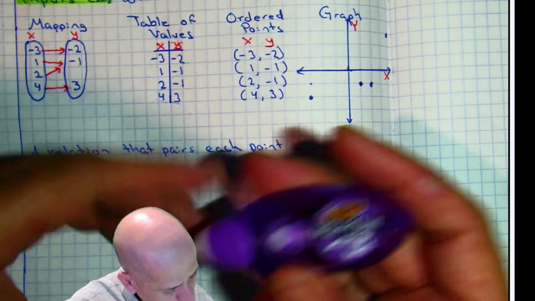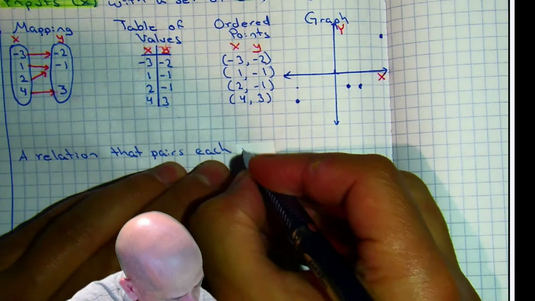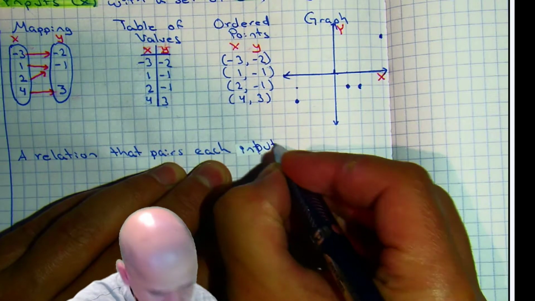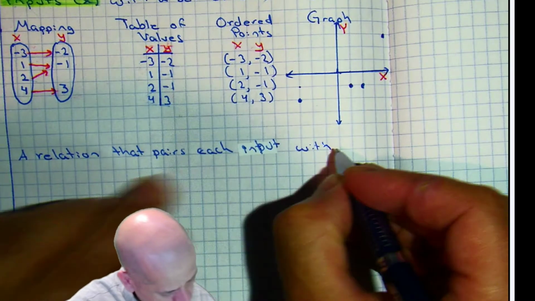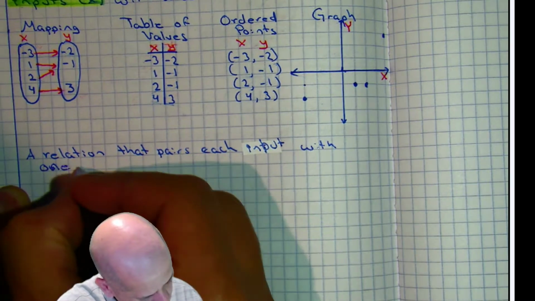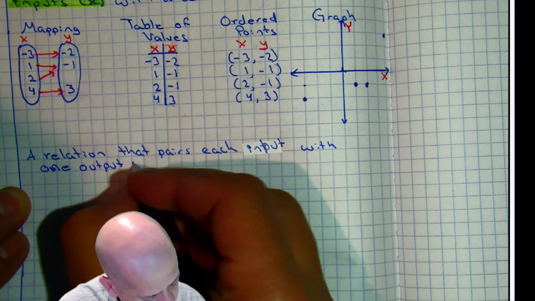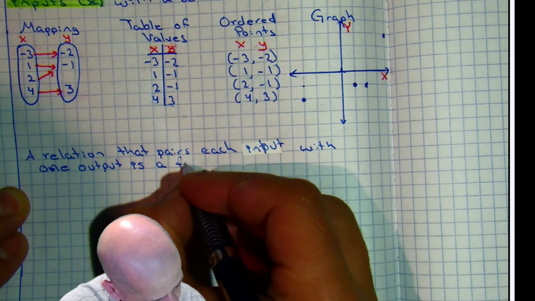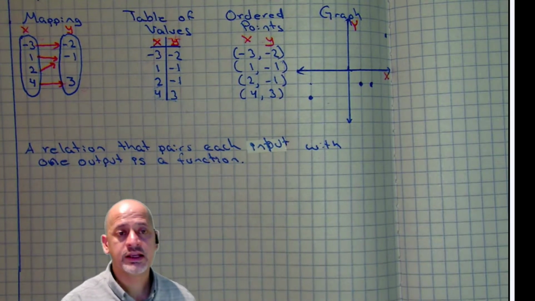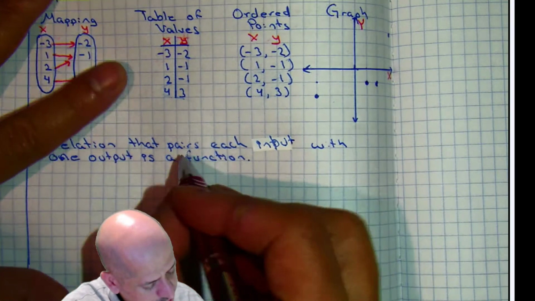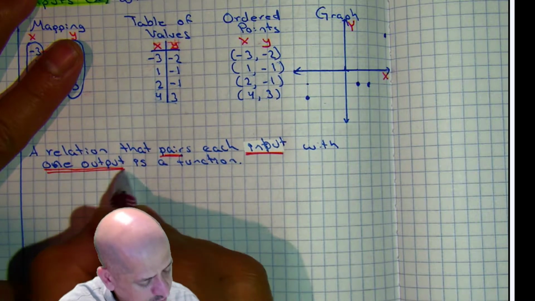So every time that we are able to pair up each input with exactly one output, it is a function. So therefore, the proper definition of a function is a relation that pairs each input with one output. And the keyword is one output.